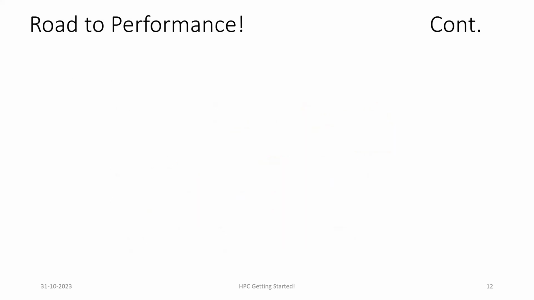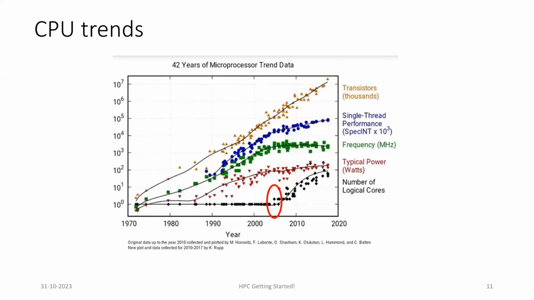So from single core to multi-core chips, there has been an increasing trend. And now if you look at any of your typical desktop PCs or even workstations, you will have tens of cores. Even your mobile phone has 8 cores now, and 12 cores in some of them.